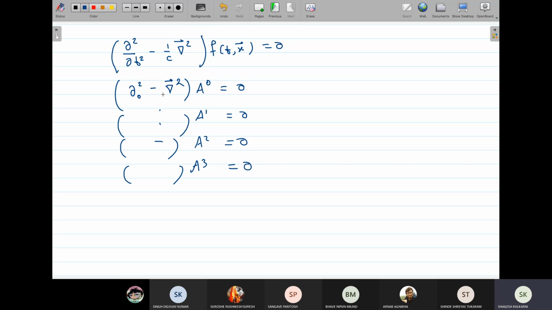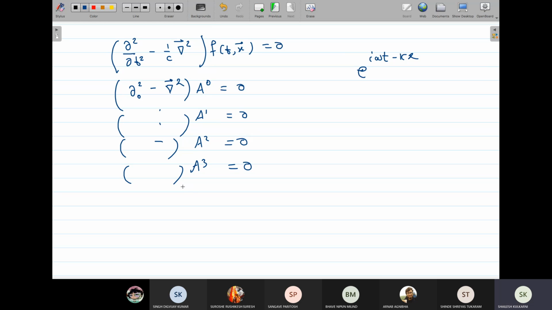Okay, but now you see the problem. I will just highlight the problem. You will get 4 oscillatory functions, right? You know the solutions for these. Solutions will be e to the power i omega t minus kx, kind of thing, for each of these. Clear?